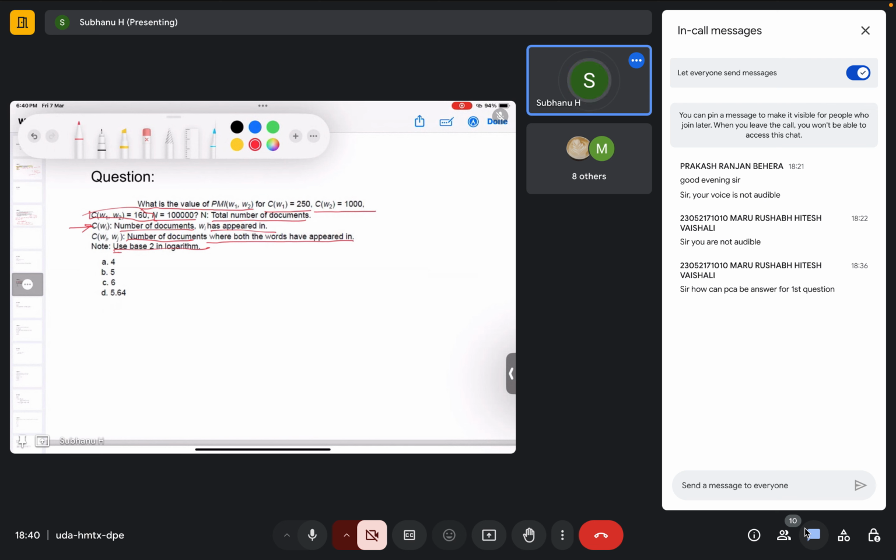So what is the formula? What is PMI? PMI, pointwise mutual information, is a measure of association between two words in a text corpus.